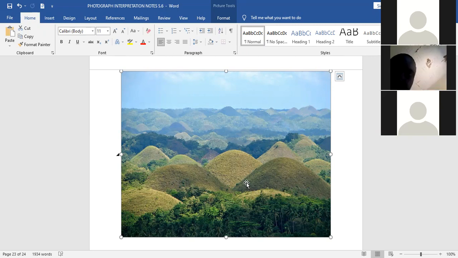So people have difficulty in construction of settlements, evidenced by steep slopes in the foreground and the background.